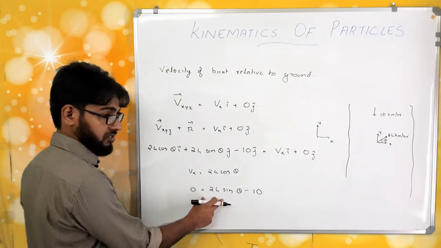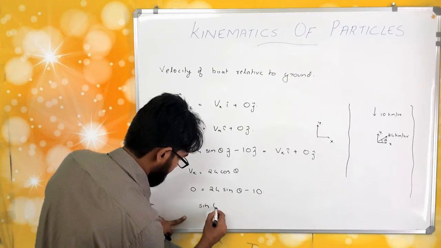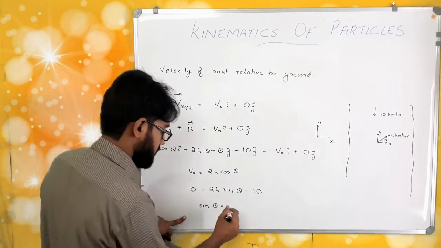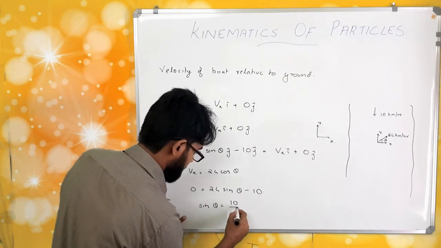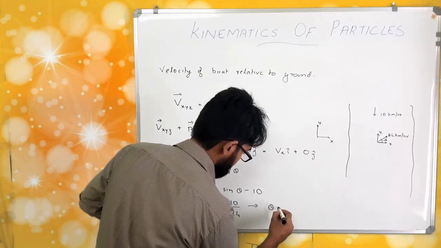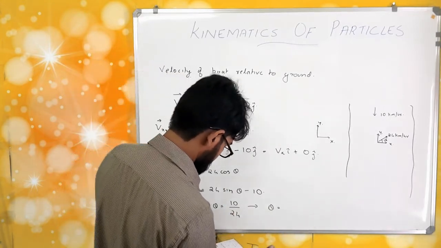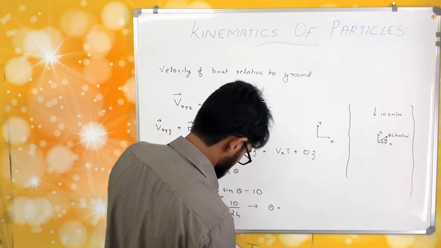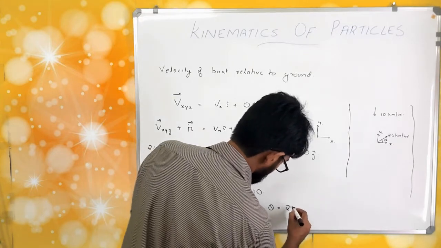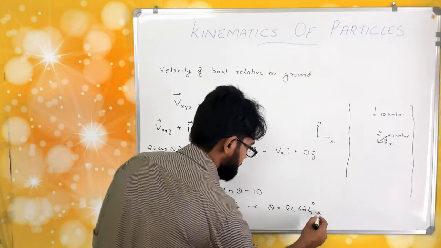Now solving this equation, you will get sin theta is equal to 10 by 24. Therefore theta is equal to sin inverse of that, and you will get the answer of 24.624 degrees.